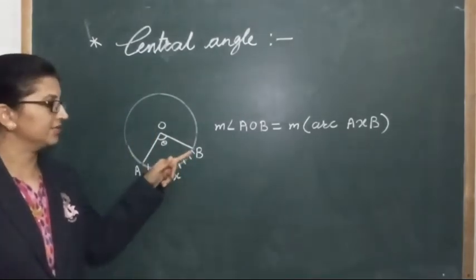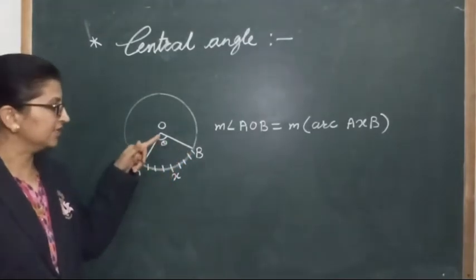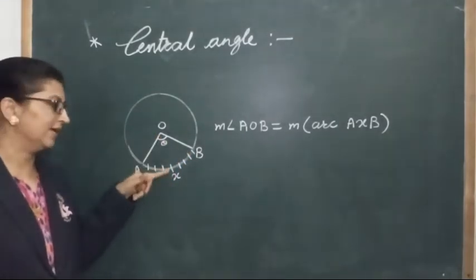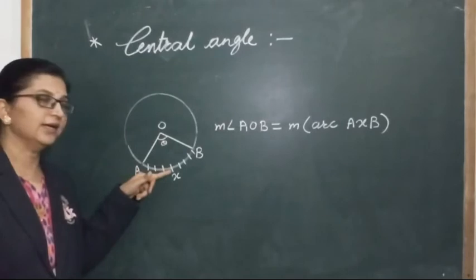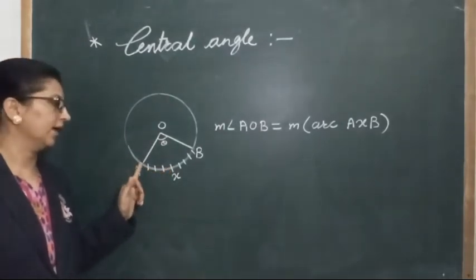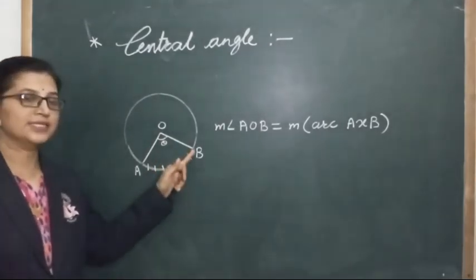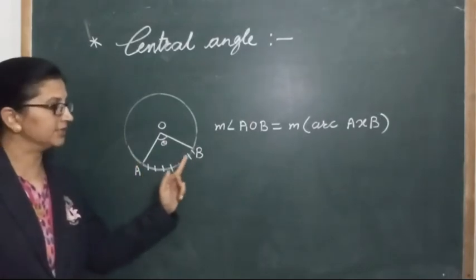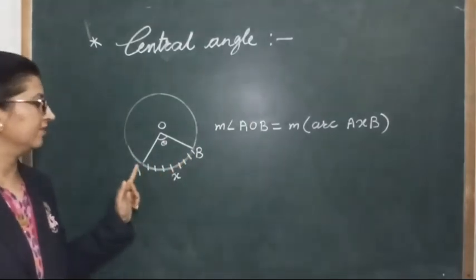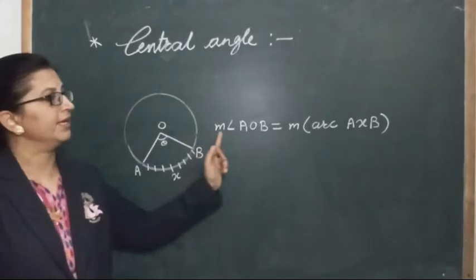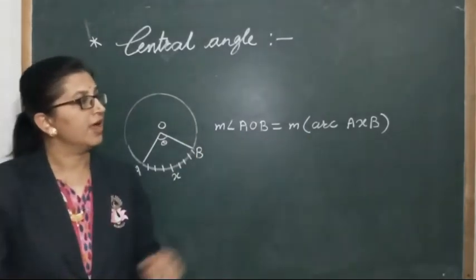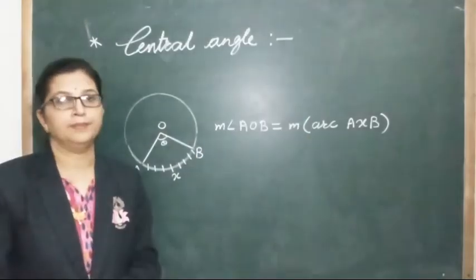And there is a very interesting fact that the measure of the central angle and its intercepted arc are equal. Here, central angle AOB intercepts arc AXB. So, the measure of the central angle AOB is equal to the measure of arc AXB.